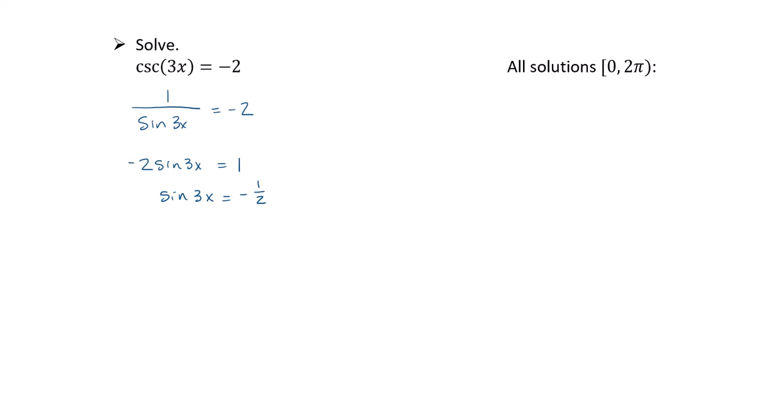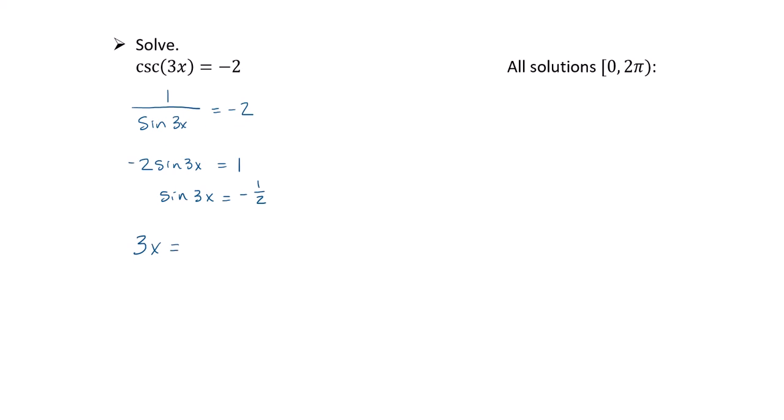So here we are again with the need to make a formula to capture all of our solutions because we have multiple angles here. So the sine of this angle is -1/2, and where would that occur?